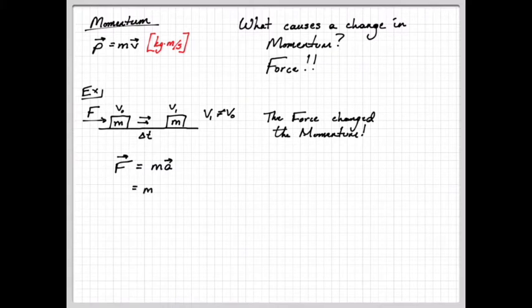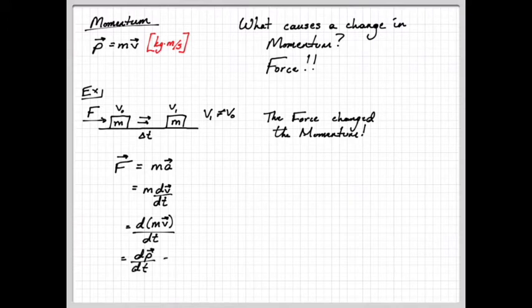We know that acceleration is simply the time derivative of velocity. Now, a calculus concept here. Mass is constant, so it doesn't matter whether it's outside the derivative or inside the derivative. So let me just put it inside the derivative, not breaking any mathematical laws here. But you'll notice that that term in parentheses is what we just defined as momentum.